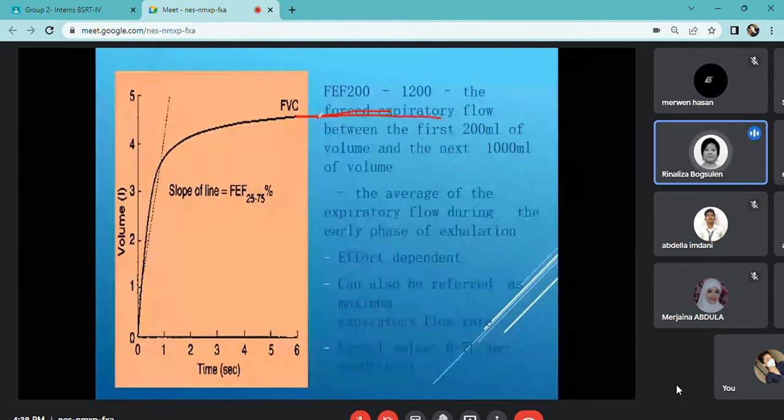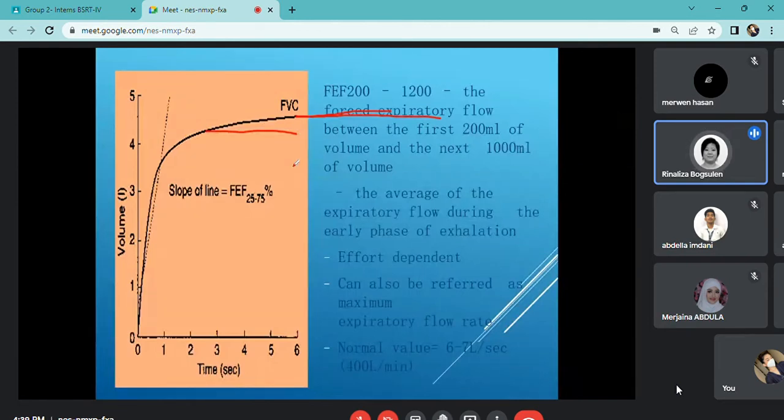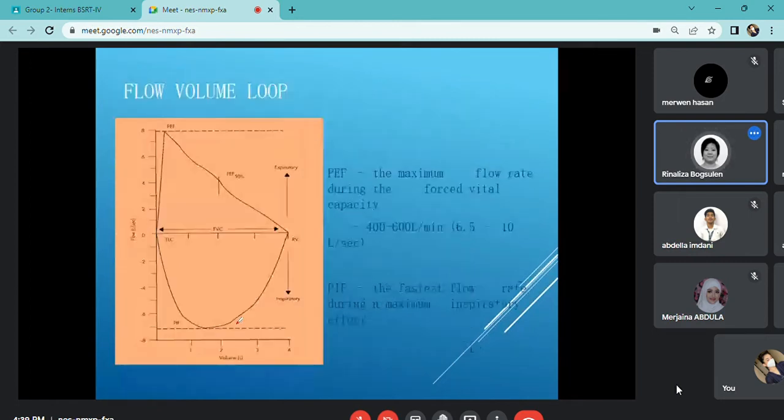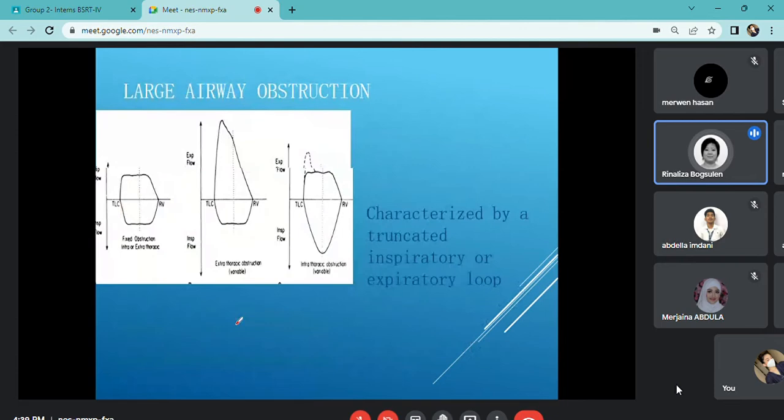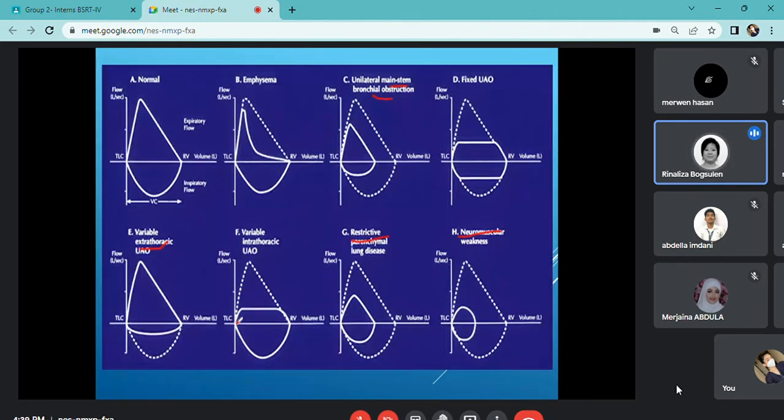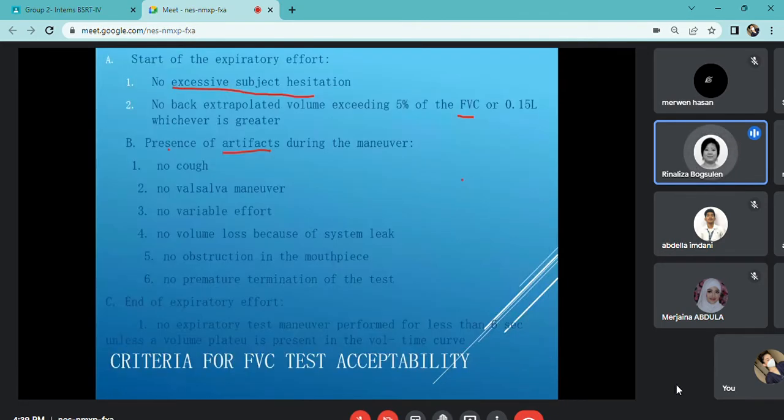This is what you call as volume plateau. Even if the patient did not fulfill ito yung 6 seconds mo, kung dito nag-plateau na siya, even if you did not reach 6 seconds, you can already ask the patient to inhale. Okay, pwede na siyang mag-inhale ulit. That is what you mean by your volume plateau.